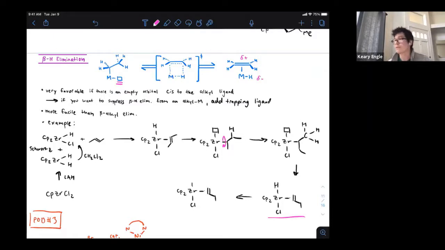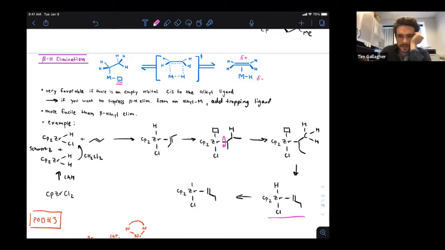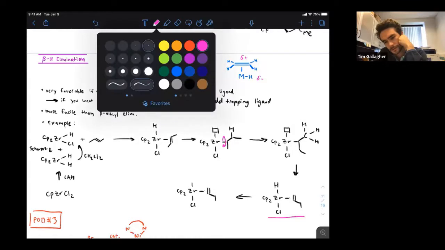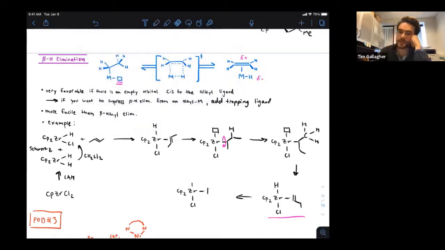Is there any step that we haven't already shown? I guess maybe you could also do another 1,2 migratory insertion to form the secondary alkyl zirconium bond.